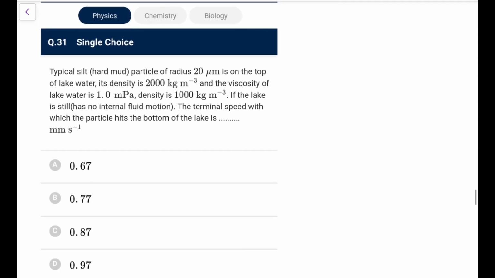Next one, a typical silt particle, that is a mud particle of radius 20 micrometer, on the top of lake water. Density and viscosity of lake water are given. If the lake is still, what is the terminal speed with which they will hit the bottom? So the terminal speed, you know, is 2 by 9 r square, rho of body minus rho of fluid, into g upon eta.